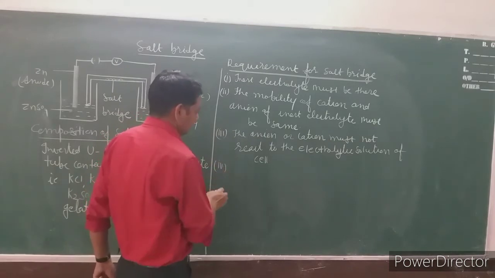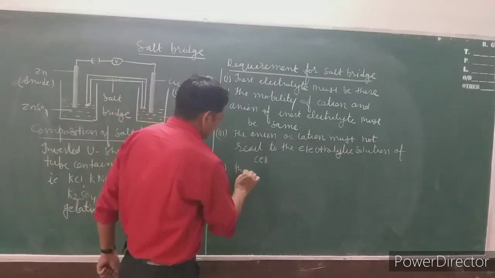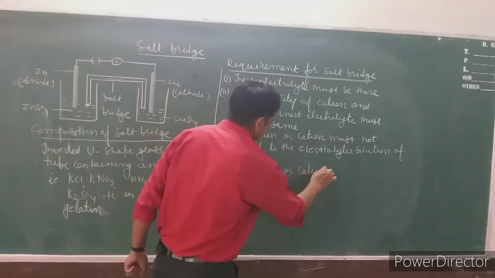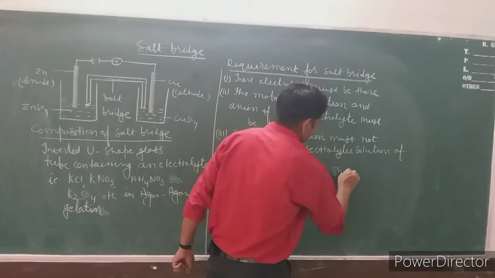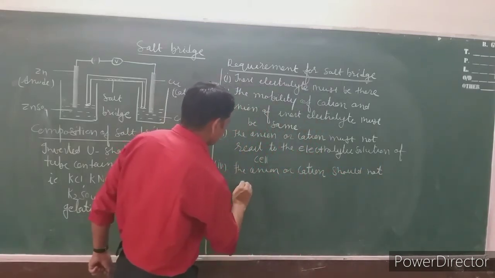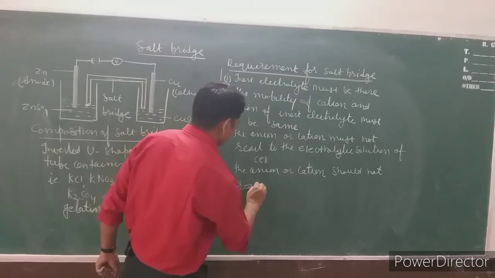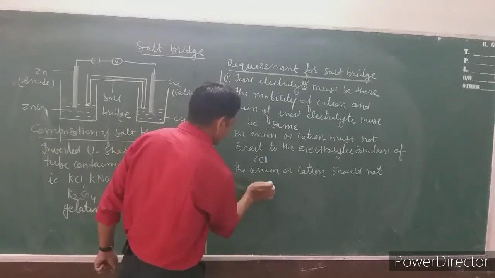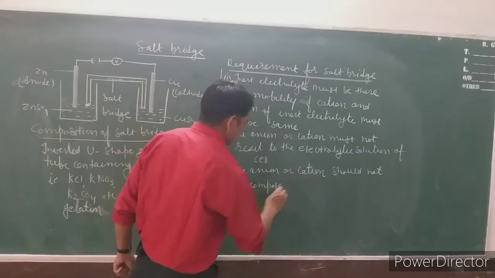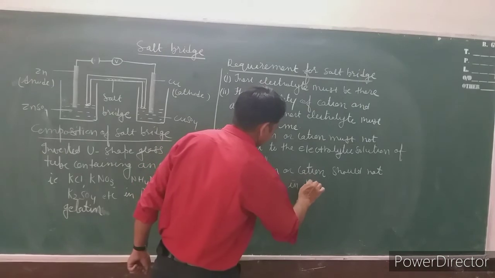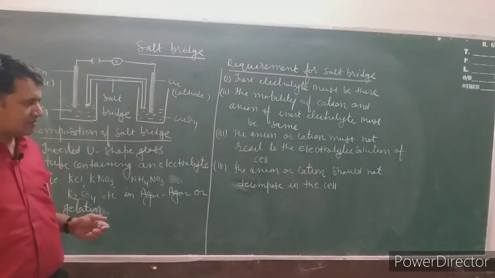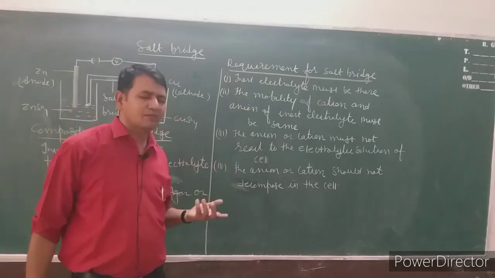Fourth, the anion or cation should not decompose in the cell. Means the anion or cation should not further decompose in the cell.